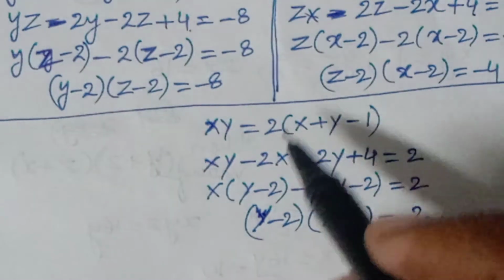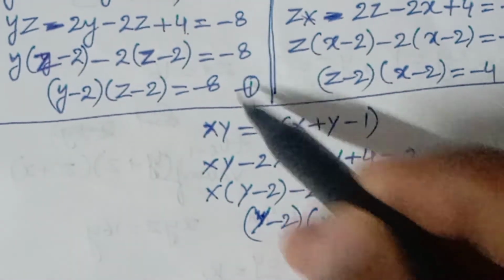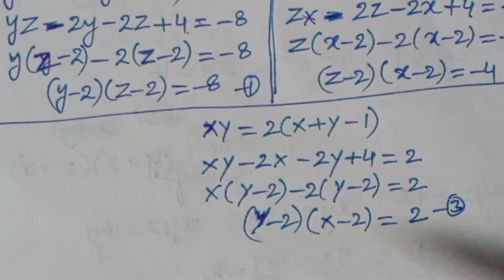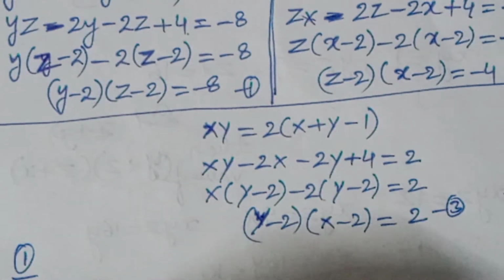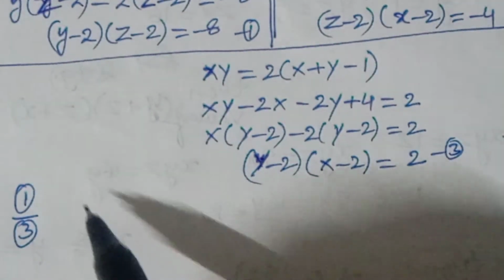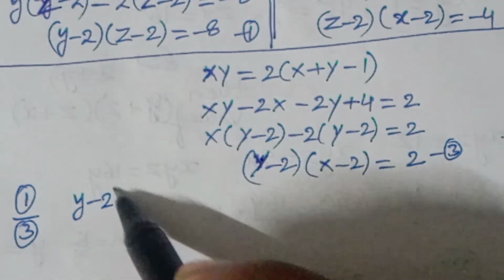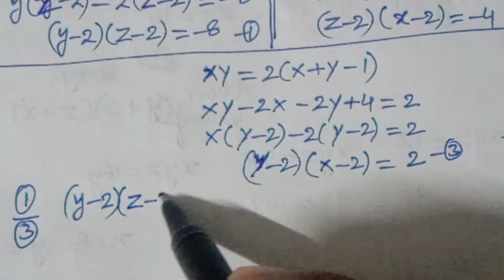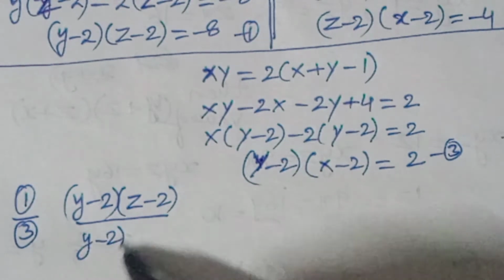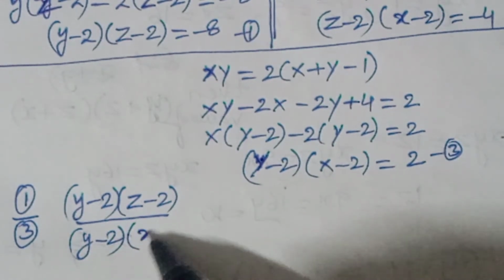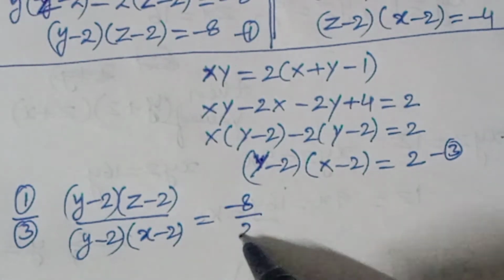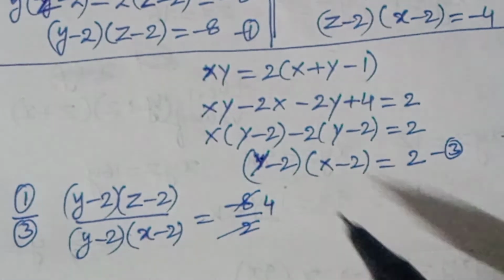So let the first be 1, the second 2, and this is 3. Now 1 divided by 3, what will we get? y minus 2 into z minus 2 by y minus 2 into x minus 2 is equal to minus 8 by 2, which is minus 4.